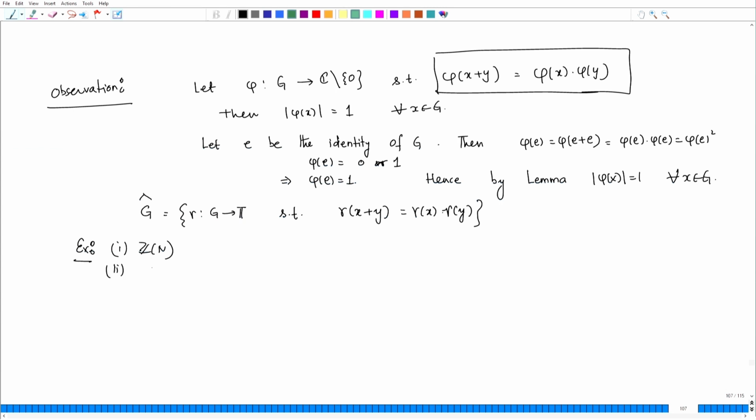If I take Q in N, and if M1 and M2 belong to ZQ, then I can define M1 into M2, and this is going to belong again to ZQ.